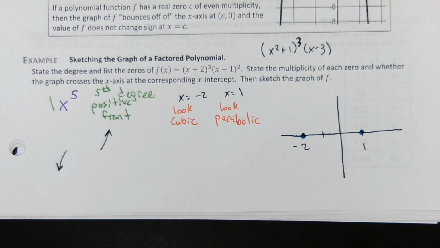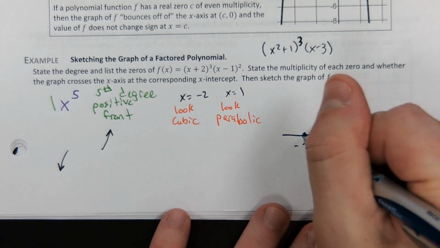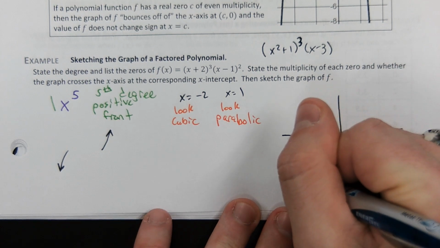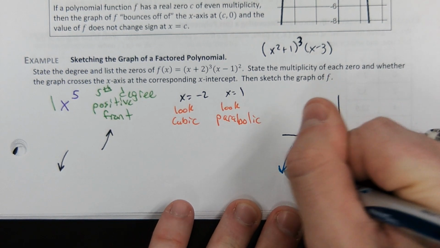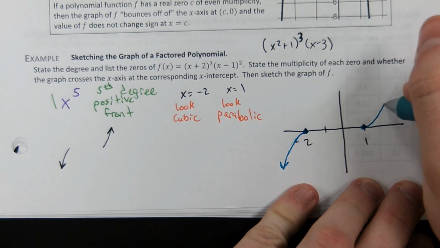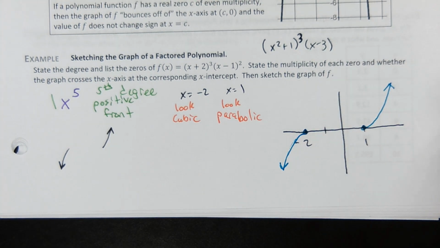I also know what the endings will look like. I've got going left, going down, and I've got going right, going up. See how I put those at my furthest left and furthest right solutions, at my zeros?